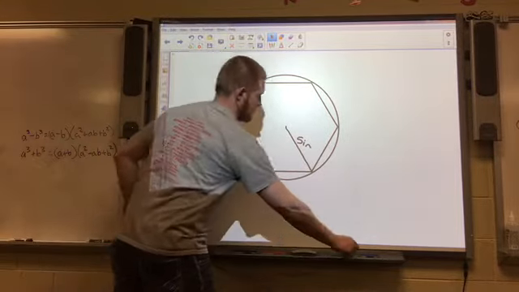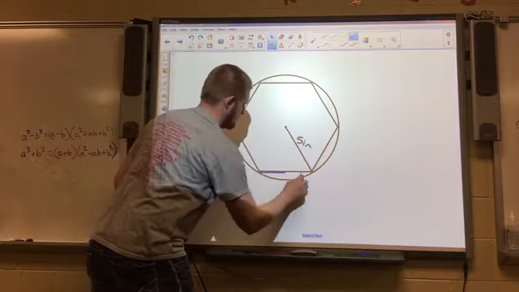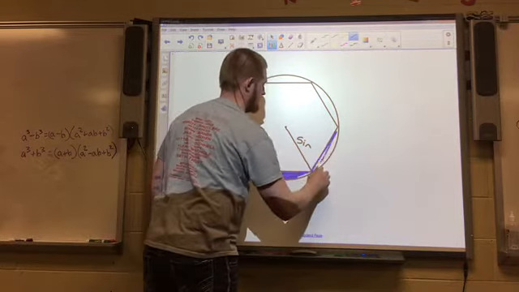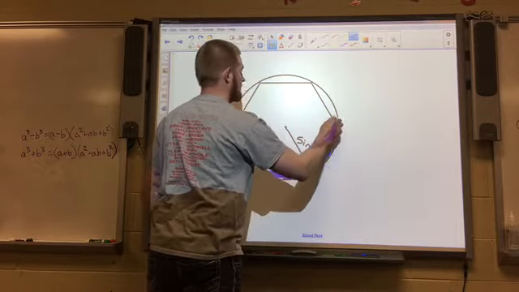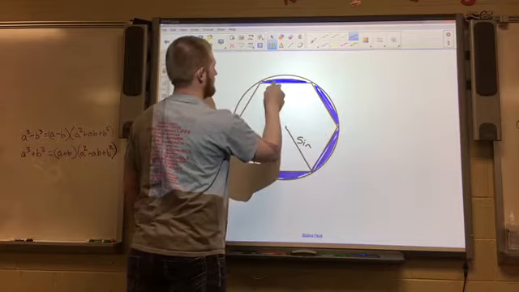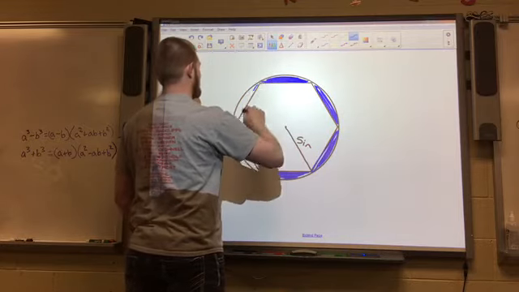We want to know what is the area of the blue shaded region.